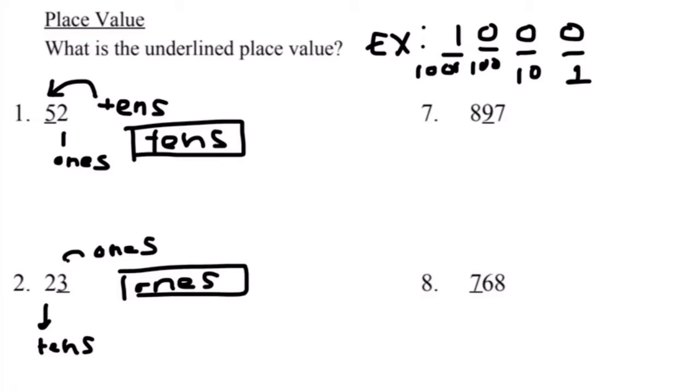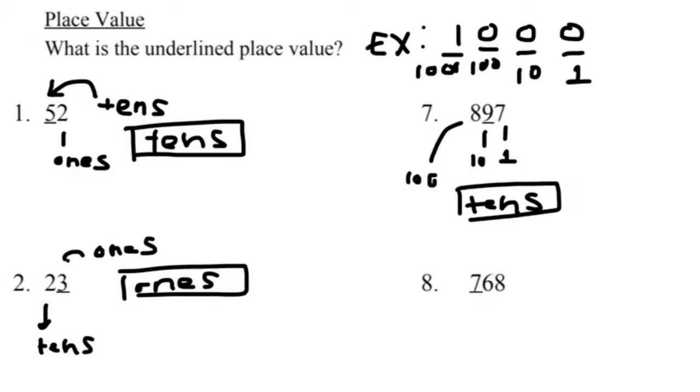Number 7, 897 with the number 9 underlined. Well, we know that this is our ones place, this is our tens place, and the 8 in 897 is our hundreds place. Therefore, the 9 in 897 is the tens place. Last one, number 8, 768.